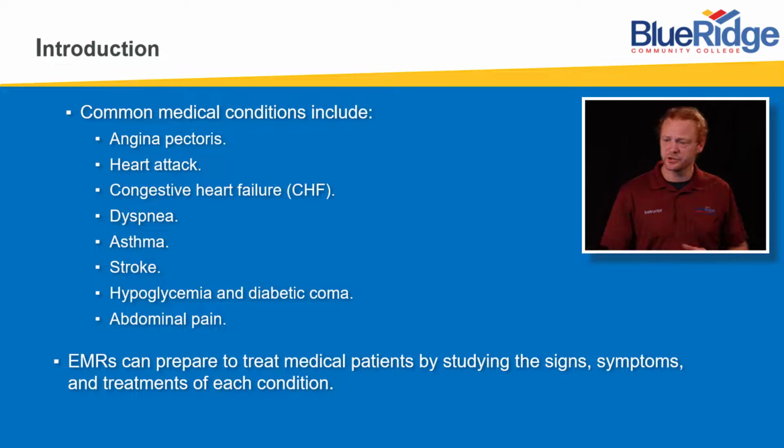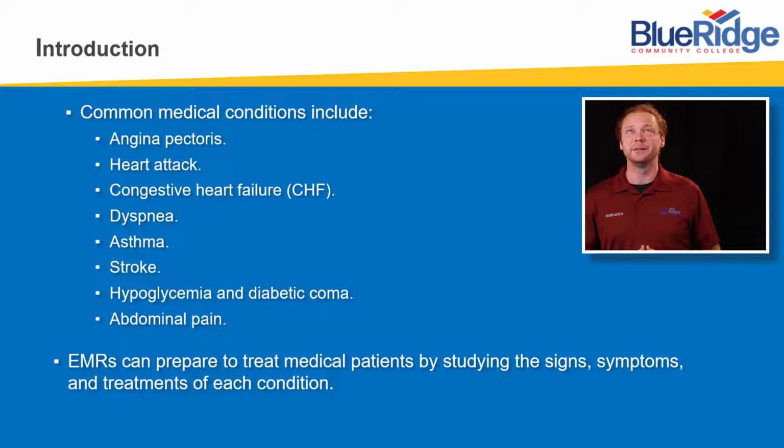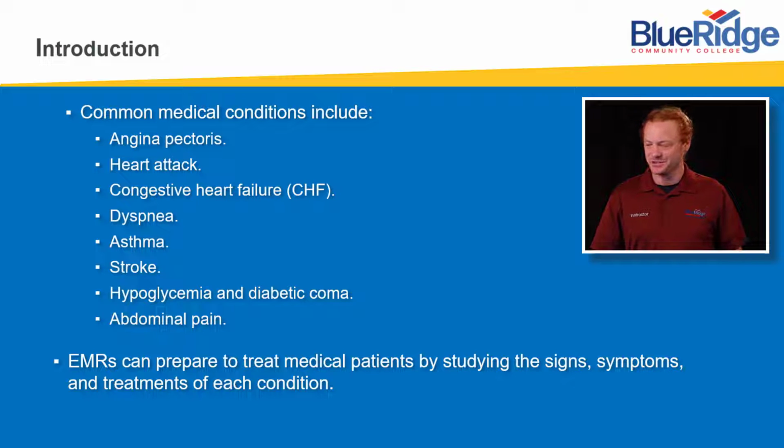So as an introduction, common medical conditions include angina pectoris, heart attack, congestive heart failure, dyspnea, asthma, stroke, hypoglycemia and diabetic coma, and abdominal pain. Also, to tag onto that, hyperglycemia is also a very common medical emergency or condition that you will run across.